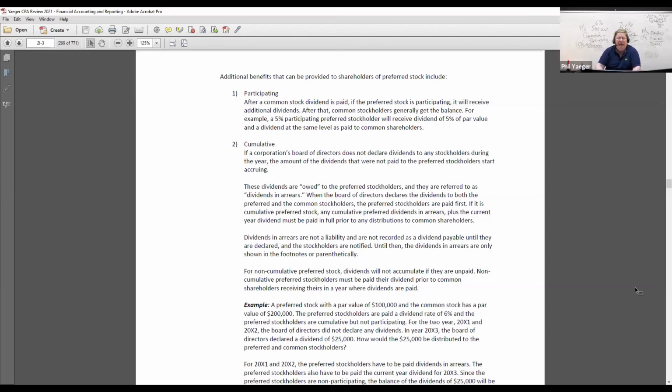Now, in that case, when you have a large stock dividend, what do you debit retained earnings for? The number of shares you're giving them times the par value per share, correct. So you debit retained earnings for the number of shares times the par value. And what do you credit?